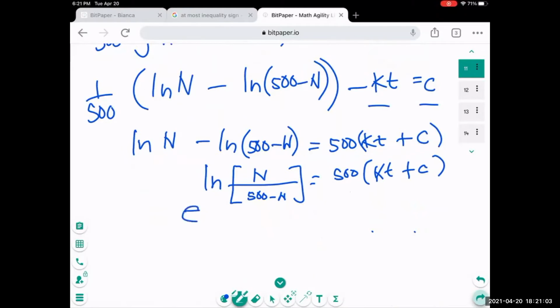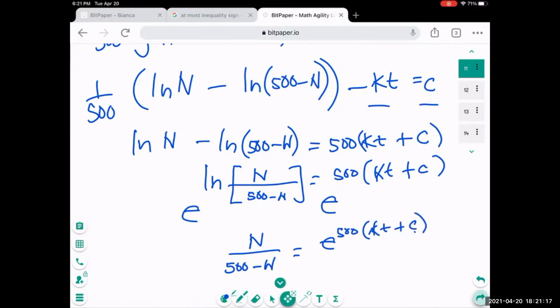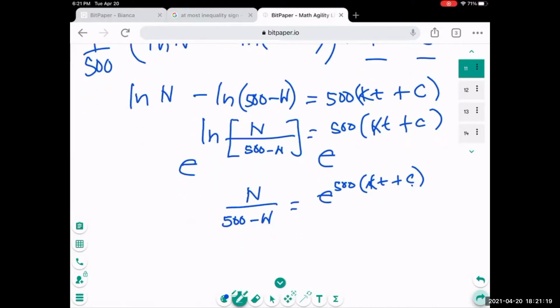Let's raise both sides to e. So we have n over 500 minus n equal to e to the 500 kt plus c, right? Okay, we can still distribute this exponent. So n over 500 minus n equals e to the 500 kt times e to the 500 c.